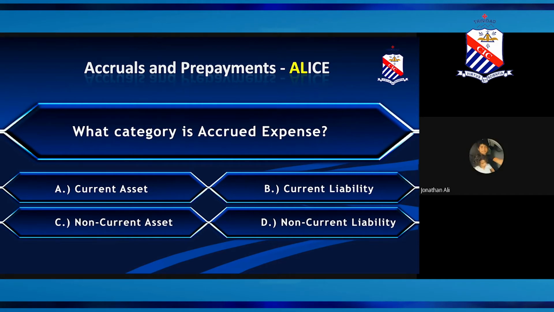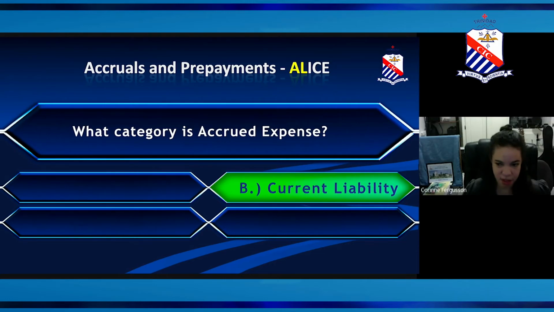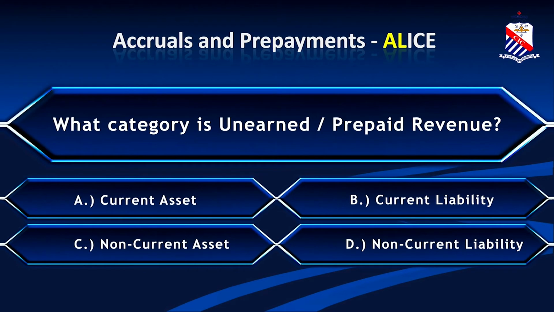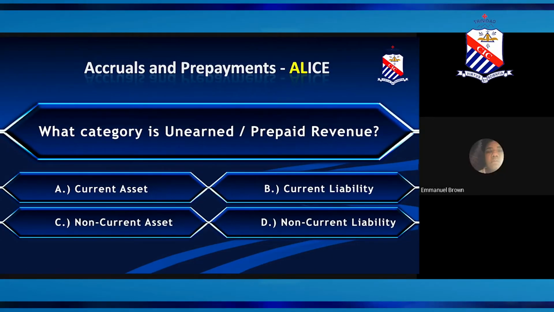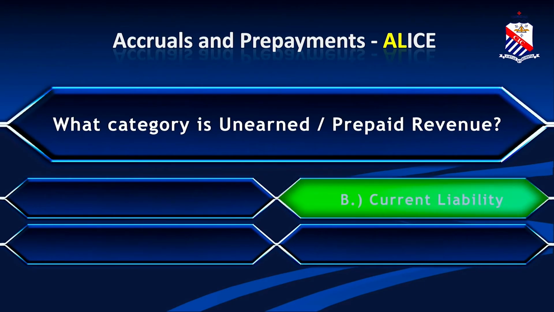Yeah, current liability. That's Jonathan. Okay, what category is unearned or prepaid revenue? Current liability. There was more than 2 people there, right? But you all basically got that all together. Right, sweet.